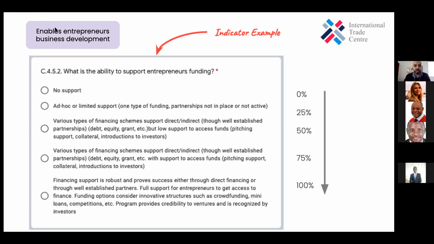This one is related to your ability to provide support for funding. And as you can see, you have 5 different options going from the weakest practice, let's say, on supporting entrepreneurs to funding, to the best practice on doing that. So each indicator will go from 0% to 100% related to the best practice that we have.